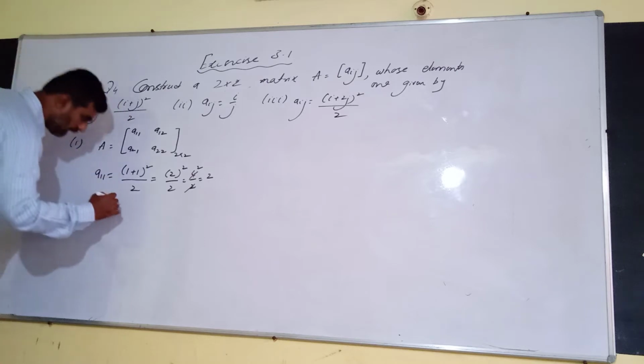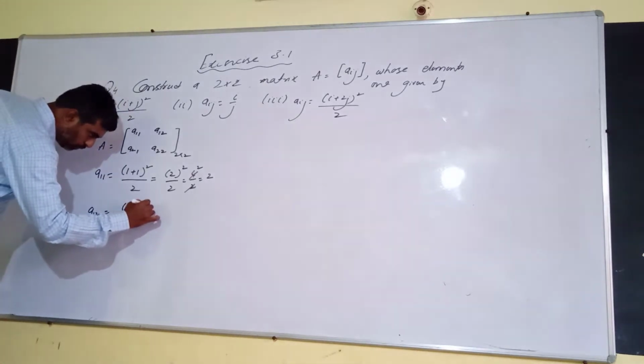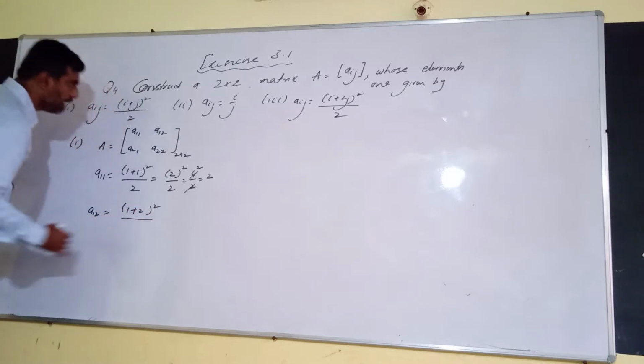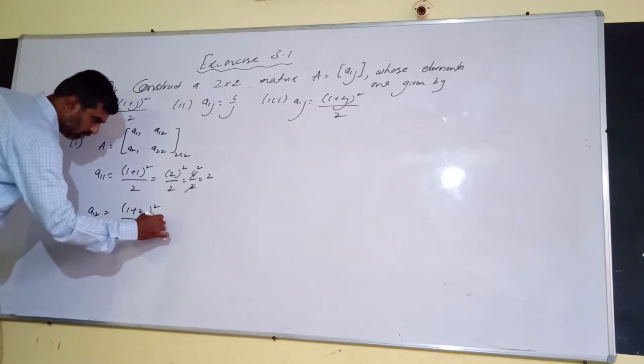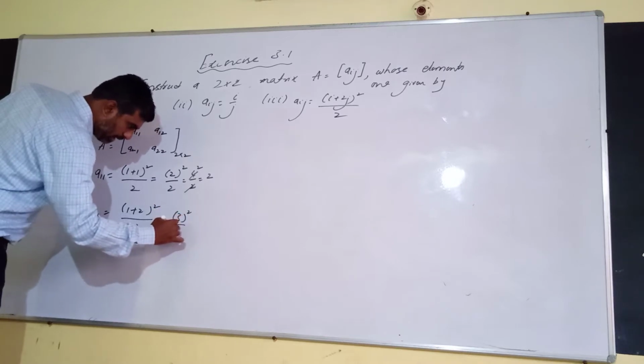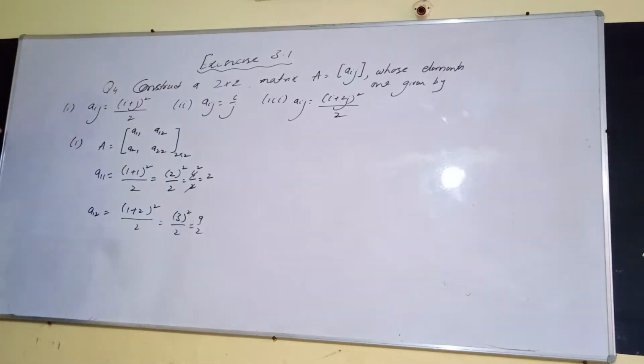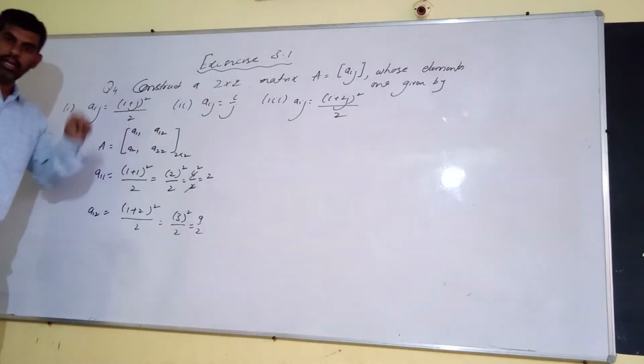We will put here i value 1, j value 2, whole square divided by 2. 1 plus 2 is 3, whole square divided by 2, that is 9 divided by 2. We got a11, we got a12.